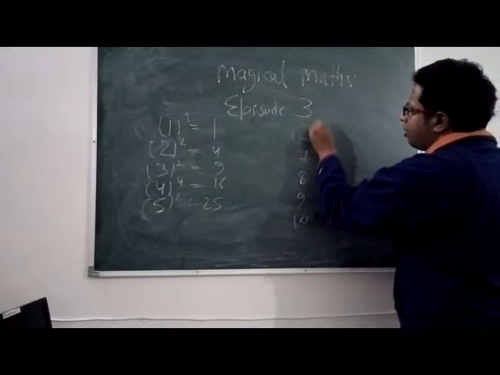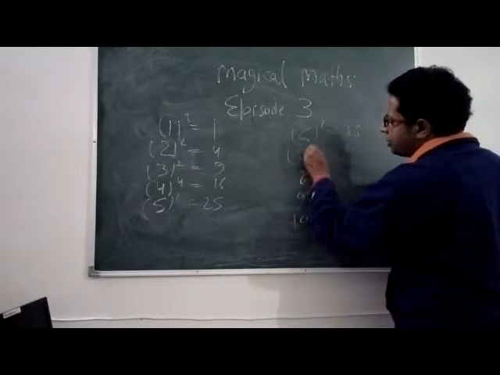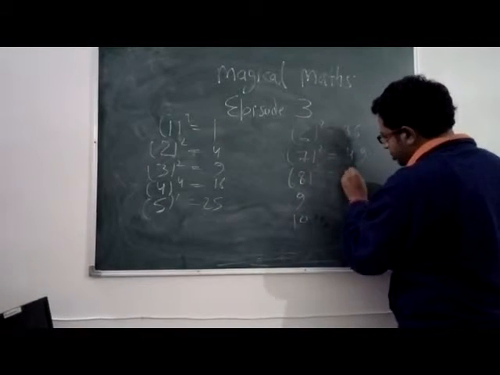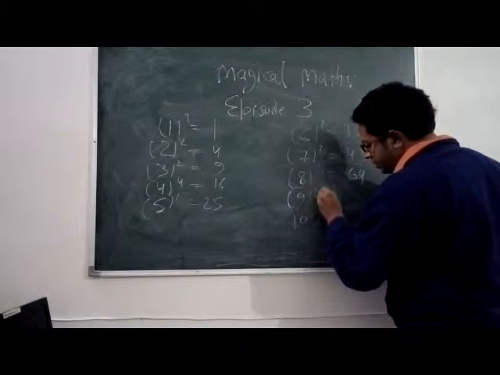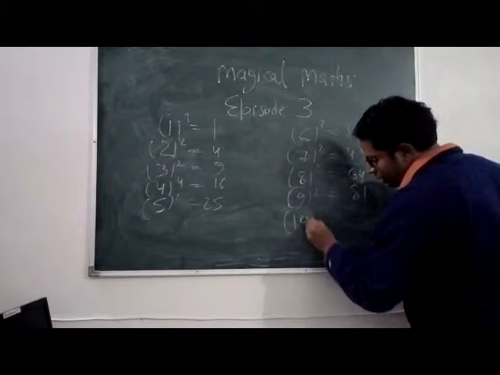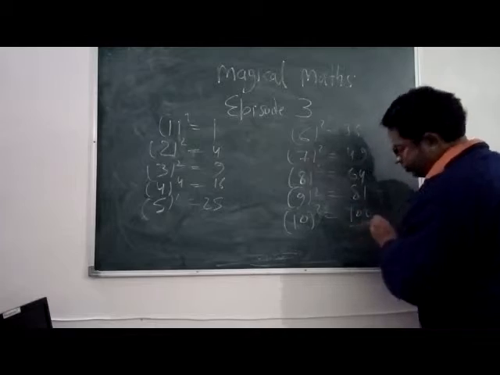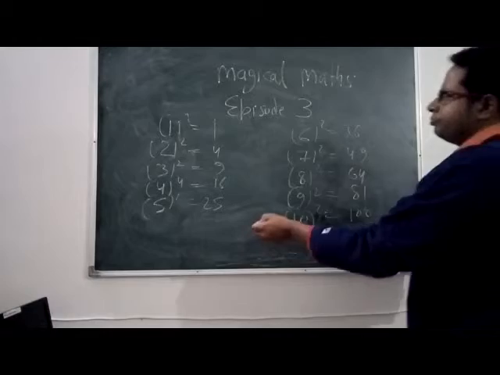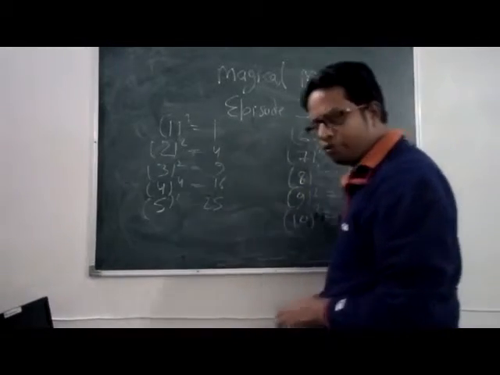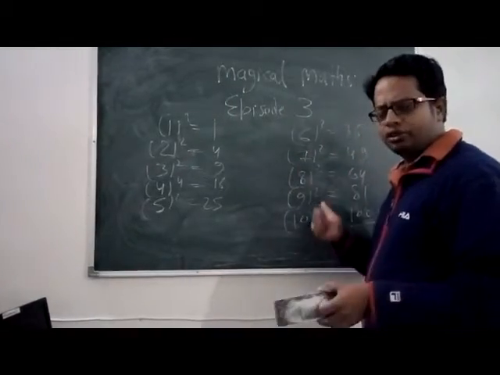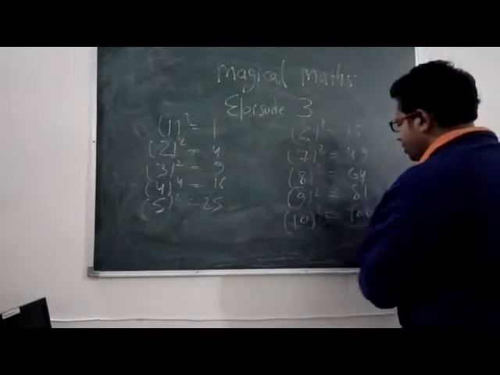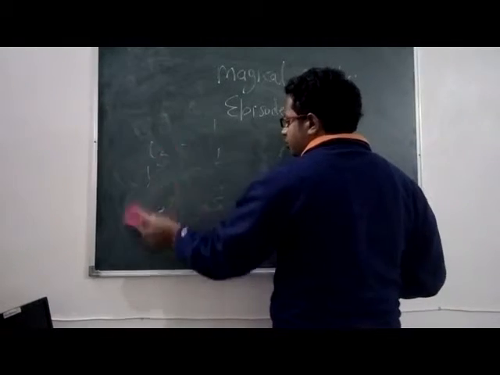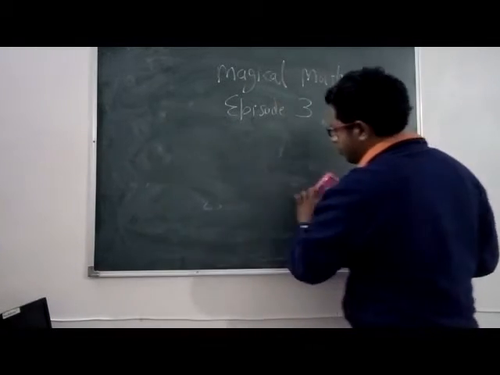Now the square of 6 is 36, the square of 7 is 49, the square of 8 is 64, the square of 9 is 81, and the square of 10 is 100, right? So these are the squares that you have to learn by heart. I think you also learned these in the previous and starting classes. Okay, so let's move to our question.